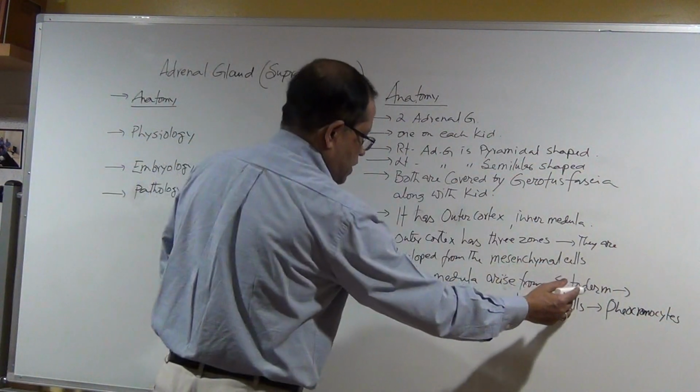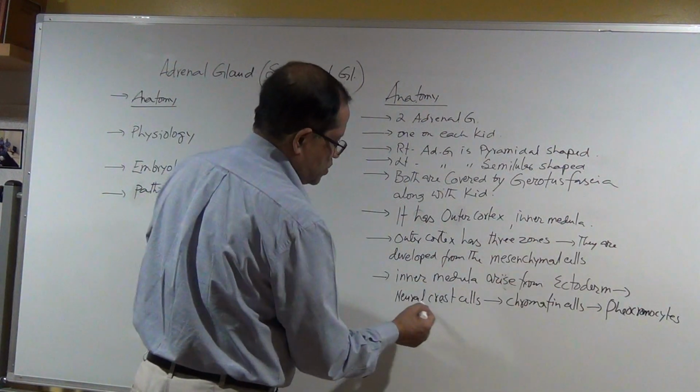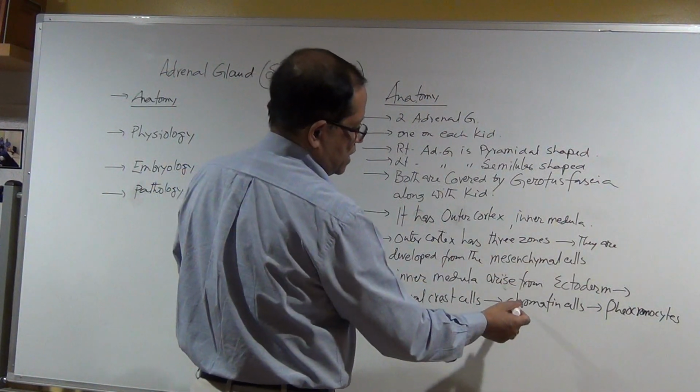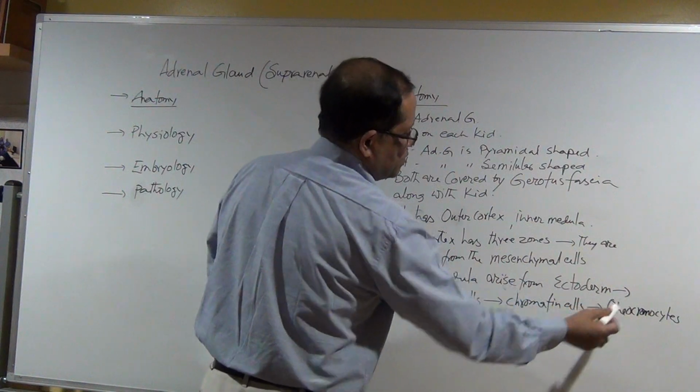It arises from the ectoderm, then the ectoderm converts into neural crest cells, neural crest cells to chromaffin cells, then finally pheochromocytes.